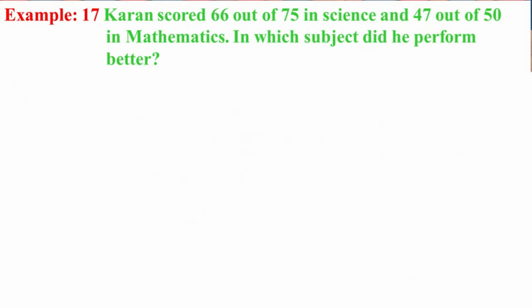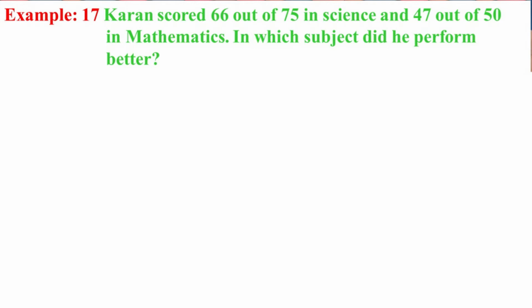Karan secured 66 out of 75 in science and 47 out of 50 in mathematics. In which subject did he perform better? We cannot find the solution for this question directly. We can use the previous method to find the percentage first for each subject.